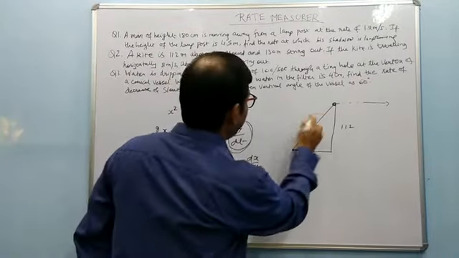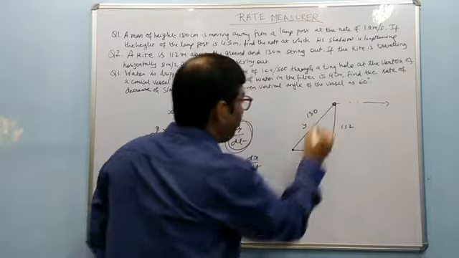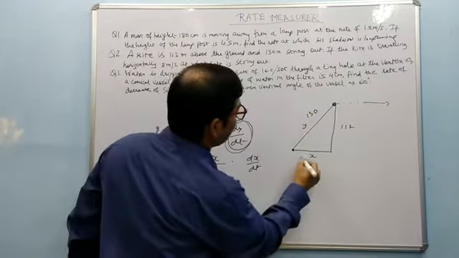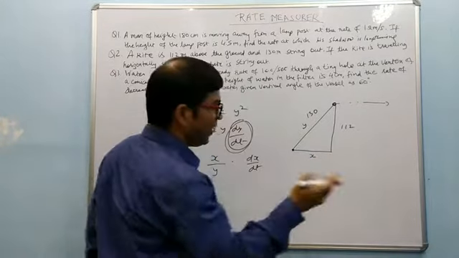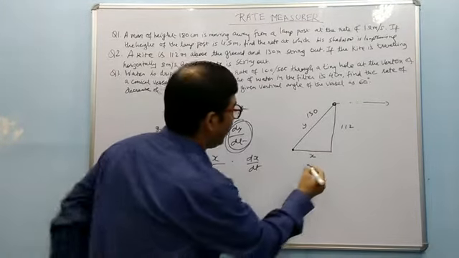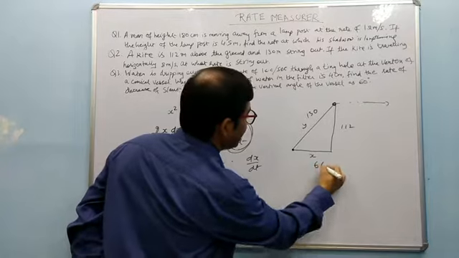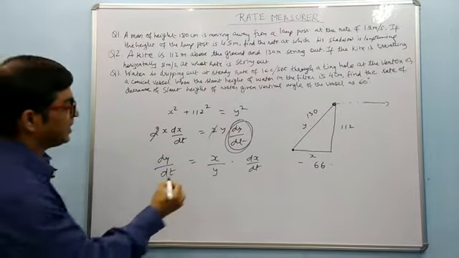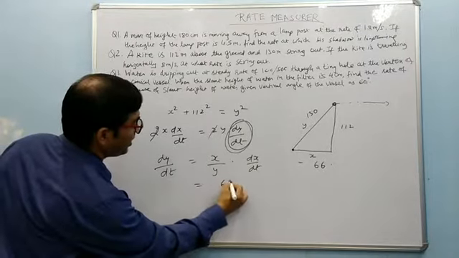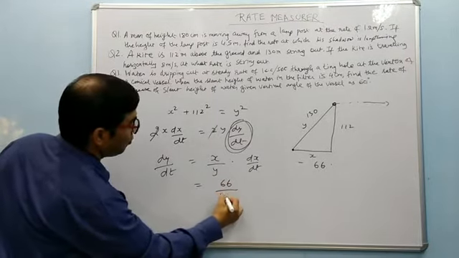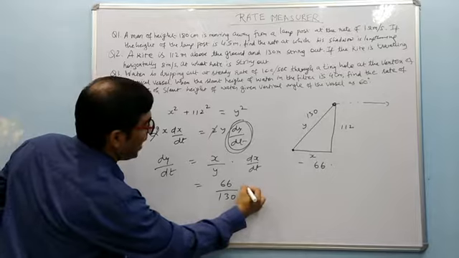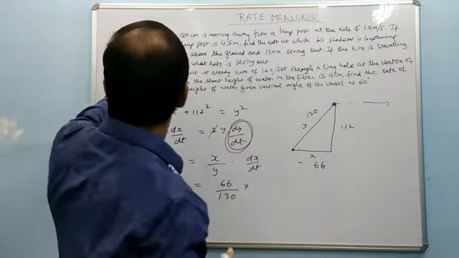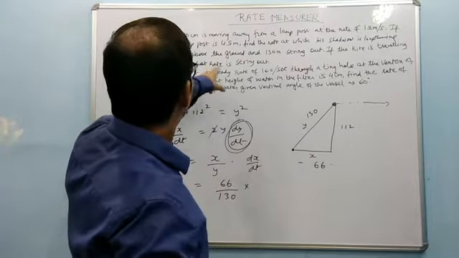If it is 130, at a particular moment when it is 130, this is 112, by Pythagoras theorem you just write x square is equal to 130 square minus 112 square, that will come out to be 66. So at that particular moment x is 66. So you just put it here 66, y we got 130, and dx by dt, that means how horizontally it is moving, is given.